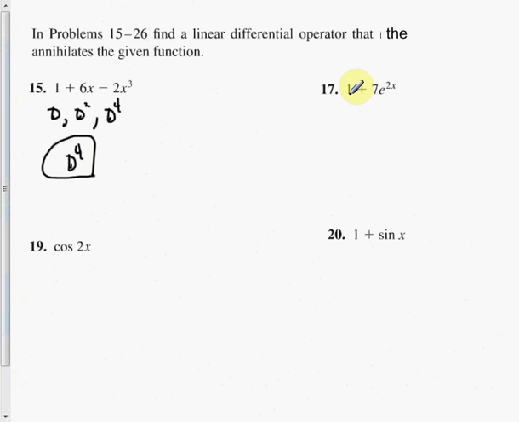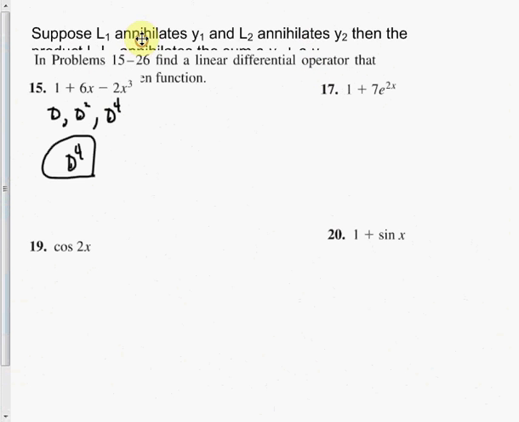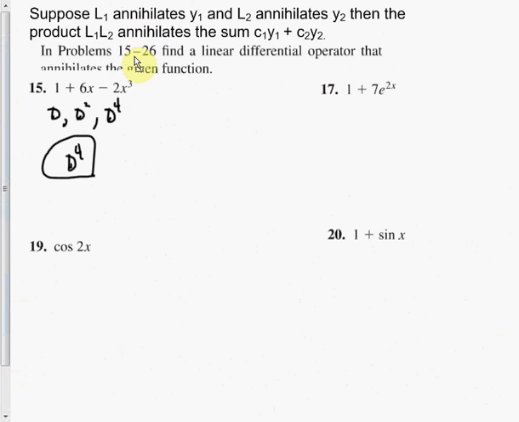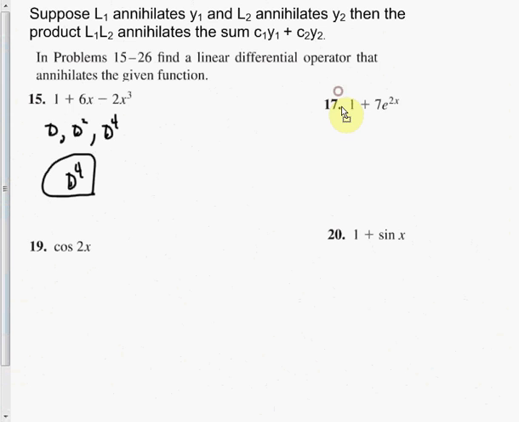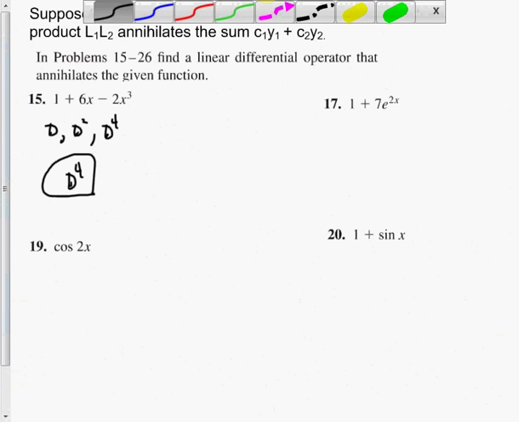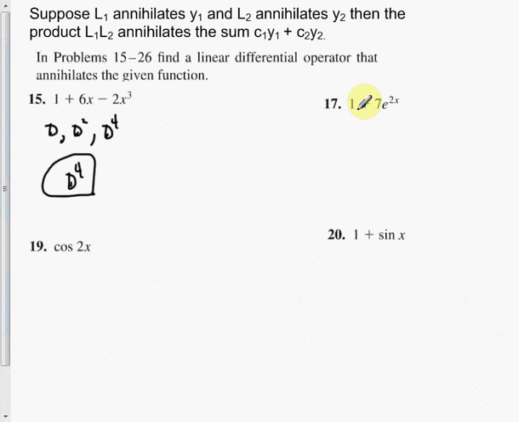What about 17? Now 1 is not in the family of e to the 2x, so this is a sum. I put that statement there because this 1 is annihilated by D, and this e to the 2x is annihilated by D minus 2.